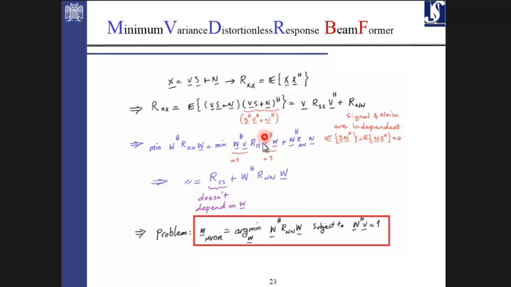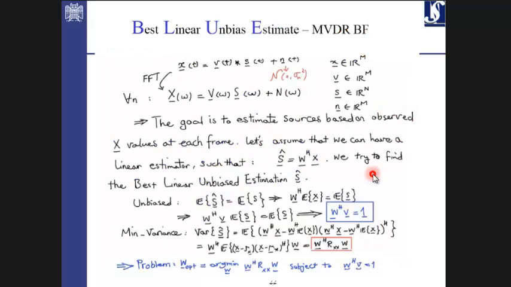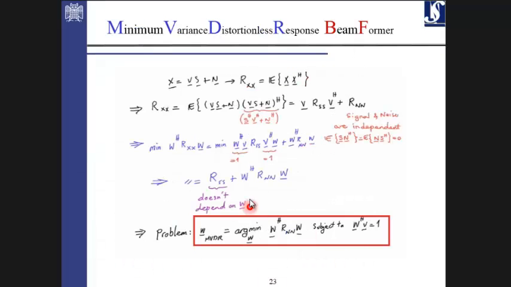And from the other side it is also the Hermitian of 1, so it's a scalar, it should again be 1. So by applying the constraint, W Hermitian Rxx W becomes Rss plus this term. And this first term doesn't depend on W at all. So minimizing the complete term is just minimizing this term.